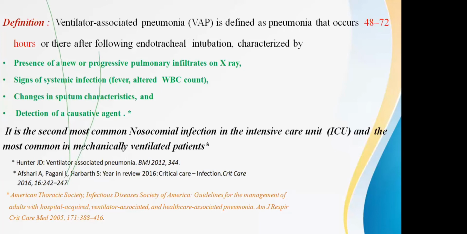Again, here the first strategy has to be, you label the patient only when after the intubation, the first sample is sent to the microbiology lab without any delay, and that is sterile. And after 48 hours, the endotracheal secretions you are sending across can be labeled as ventilator-associated pneumonia. Apart from that, we have presence of new or progressive pulmonary infiltrates on X-ray chest.